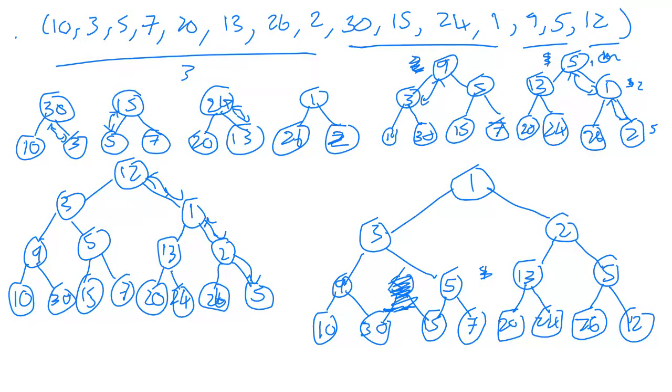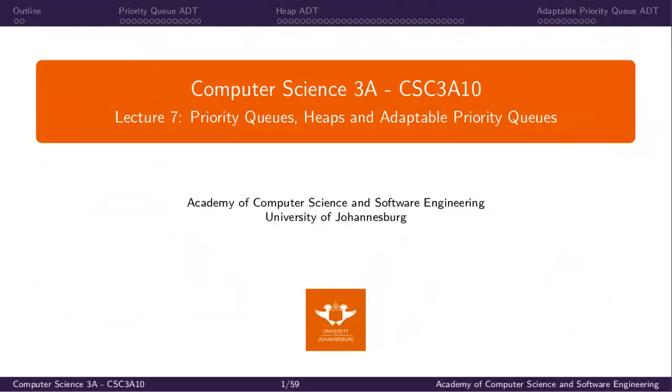Now, there's not that much time left, so I'm not going to attempt to cover the entire section on adaptable priority queues, but rather introduce the idea. Prof. Van Ha has already stated that he will start from there.